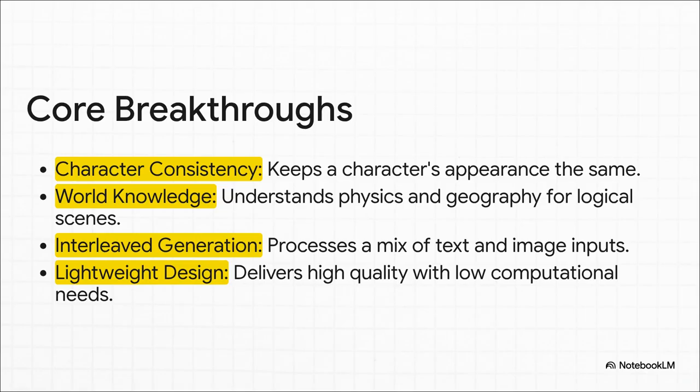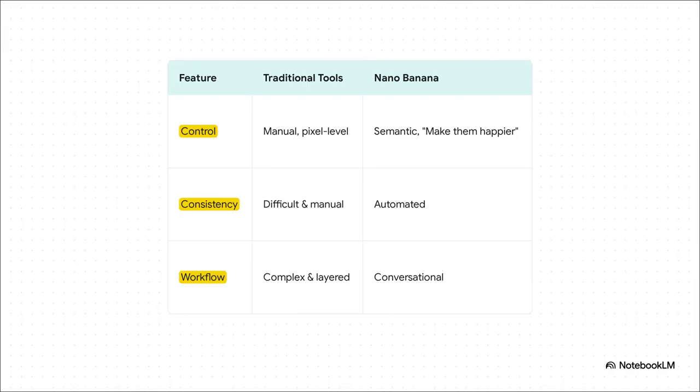It makes the scenes it creates actually believable. Interleave generation is super cool. It means you can have a back and forth conversation with it, using both text and pictures to give it instructions. And maybe the most amazing part, the lightweight design. All of this incredible power doesn't need a giant supercomputer. It's efficient.